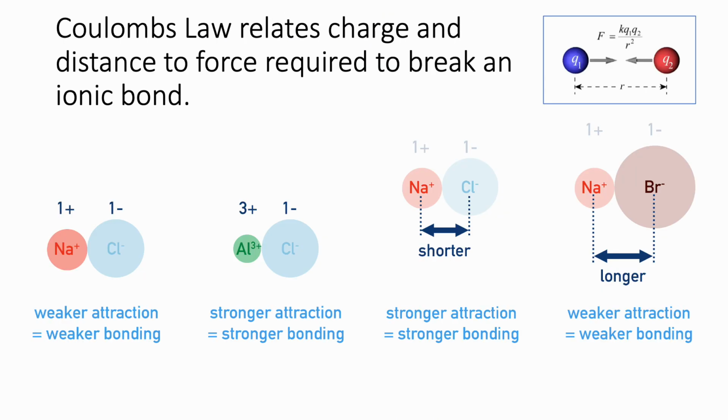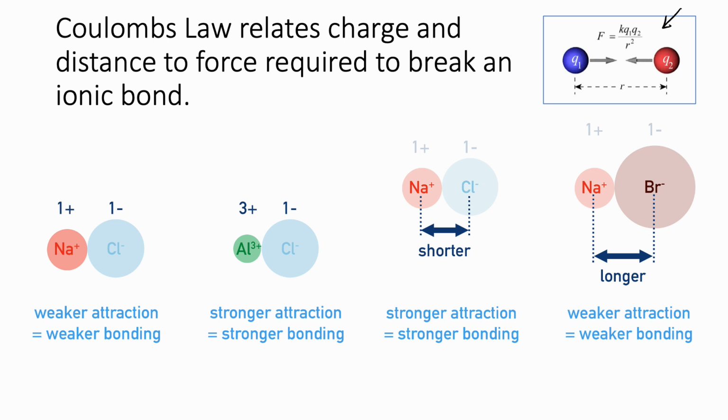Okay, and then the last thing I want to talk about, because we have 2 ionic compounds as our options in this question, is Coulomb's law. Now remember Coulomb's law, the formula is over here. Coulomb's law is relating charge of particles, and it's also relating radius of particles. Now, charge is the first thing that you need to look at when you are comparing ionic compounds, because charge is the most important one, and it creates the most difference in force.